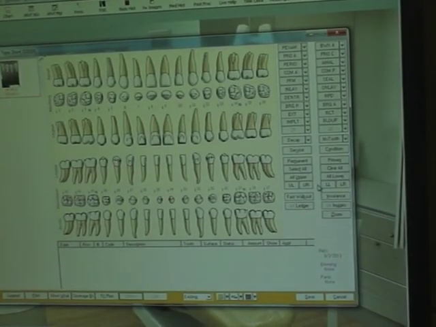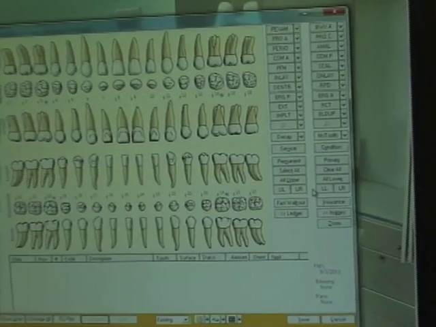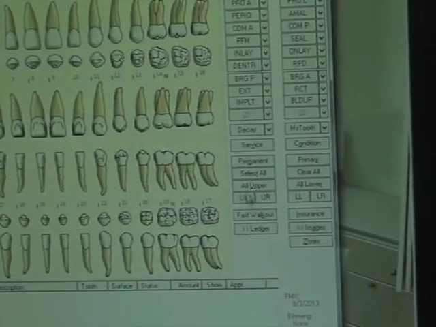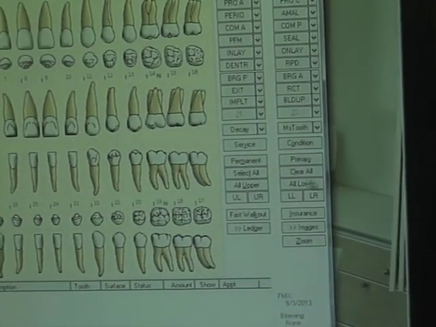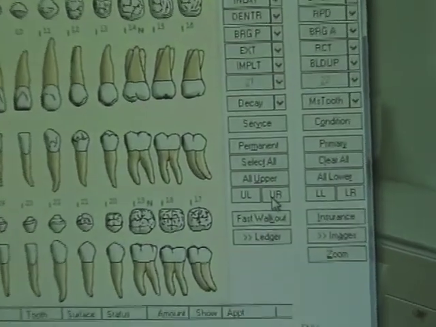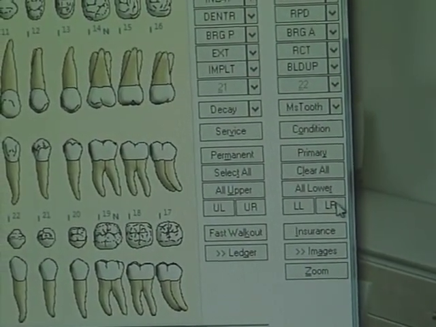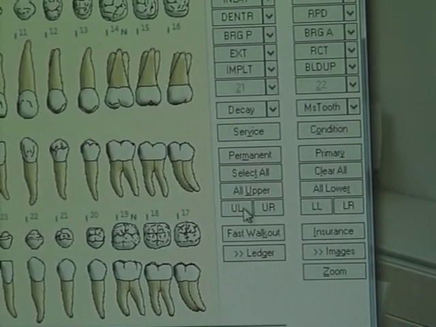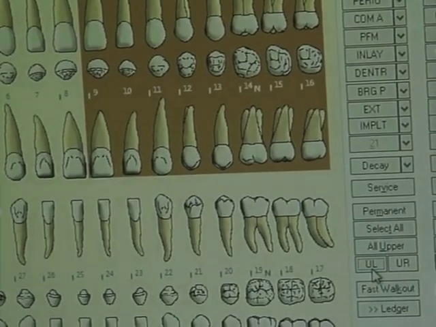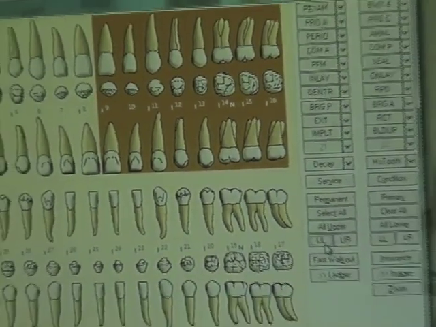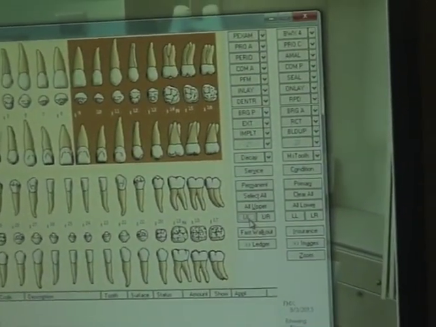If there is a partial denture present, there are buttons underneath the all upper and all lower. The UL, UR, LL, LR are for quadrants. So if there is a partial denture in the upper left quadrant, hit the UL button.